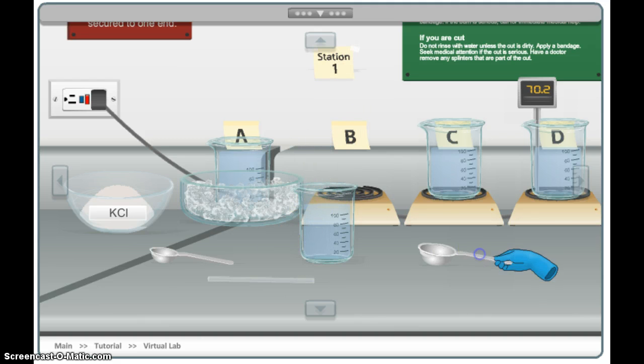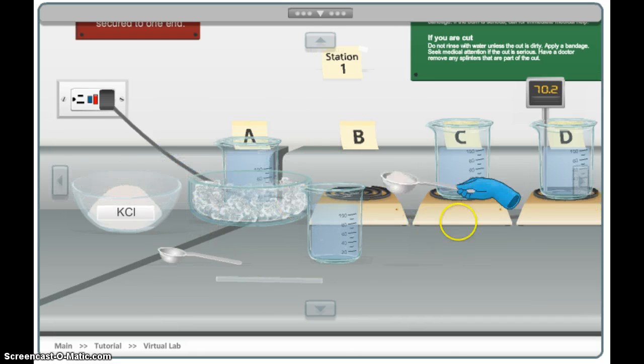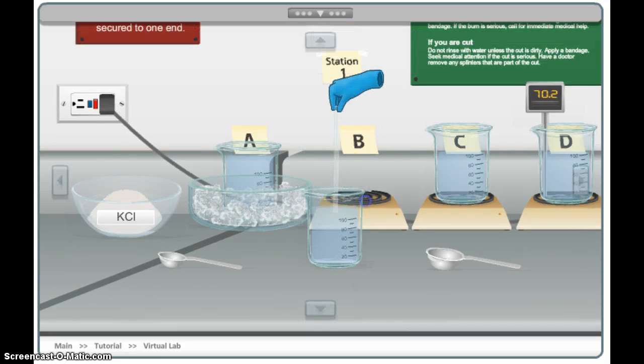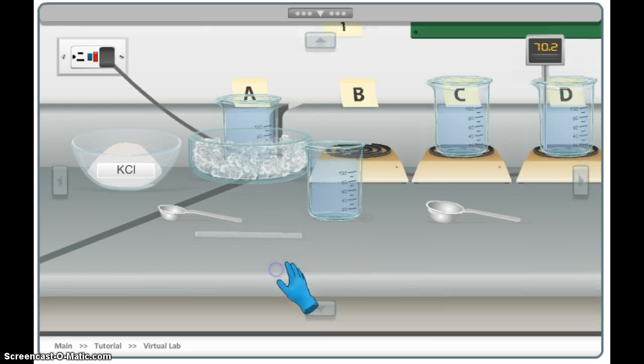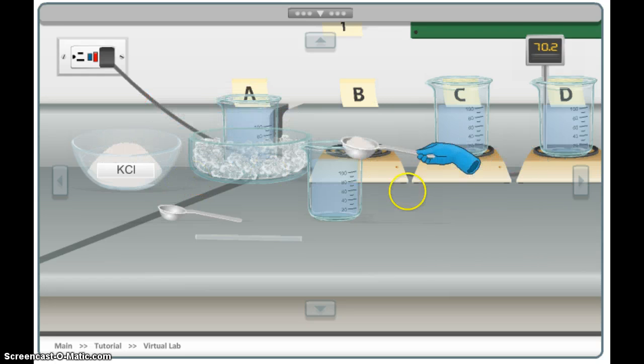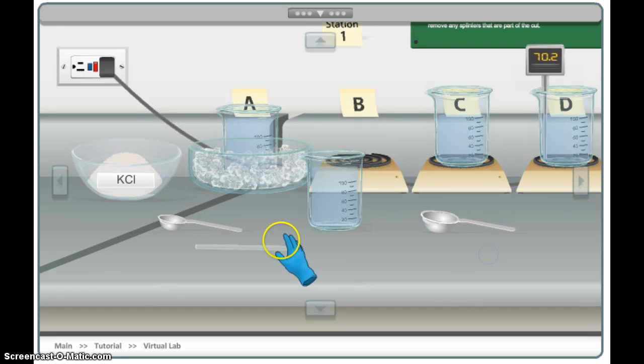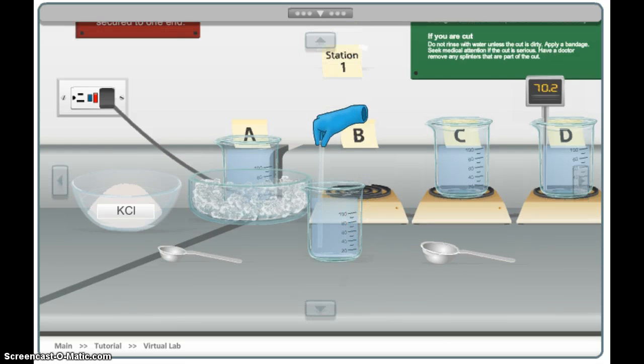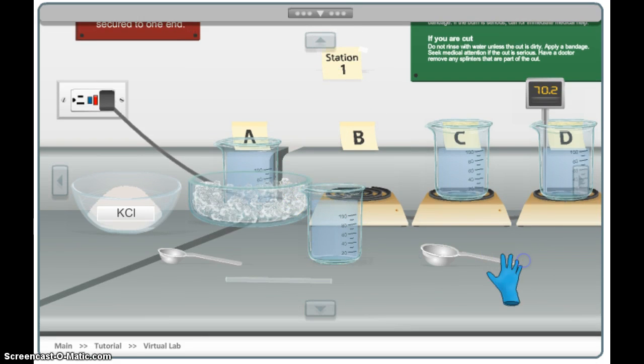Did it all dissolve? Yep. Is it saturated? Nope. Keep going. Scoop number 4. Did it all dissolve? Yep. Is it saturated? Nope. Scoop number 5. Did it all dissolve? Yep. Is it saturated? Nope.